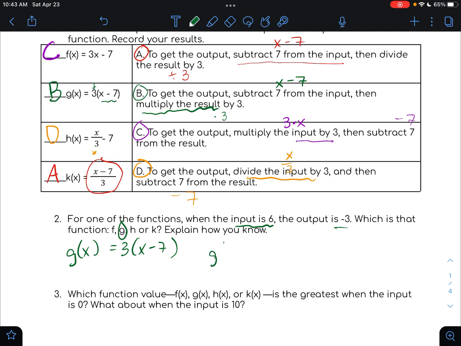Let's just show that it works. If g of 6 is our input, that means 3 times 6 minus 7, so 6 minus 7 is negative 1, and 3 times negative 1 is negative 3. So there is our output. 6 was our input, we put it in right here, and negative 3 was the output.